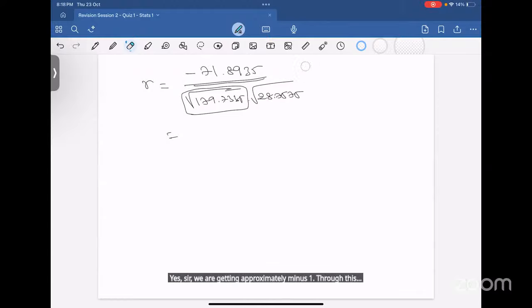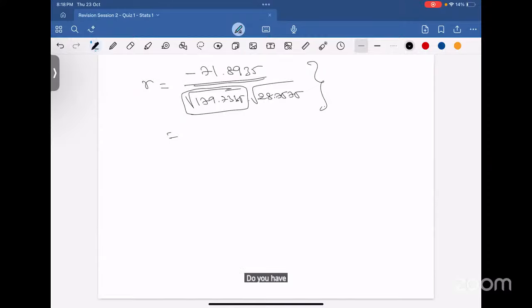Calculating this value is not that difficult. Do you have a calculator on your system? Should I do it, sir? Yes, please. Okay, let me do this.